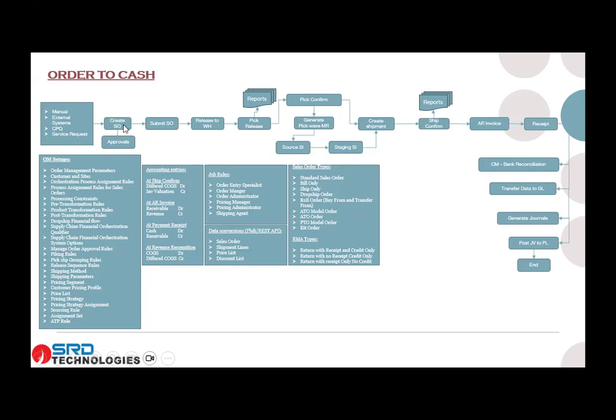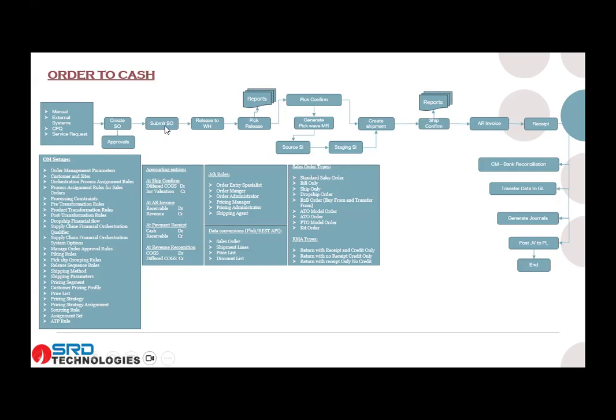After creating, either automatic or manual, with the listed details, here I can submit for approvals. This is not a mandatory step in this O2C, but in procure to pay, approvals are mandatory, right? But it is not mandatory here. Based on your business requirement, you can enable approval workflows for sales order.